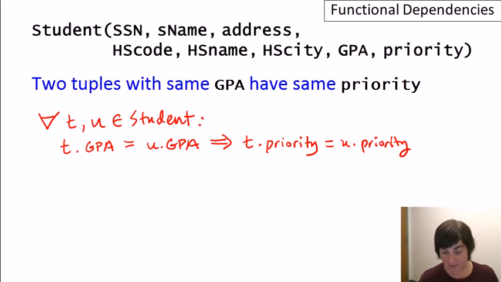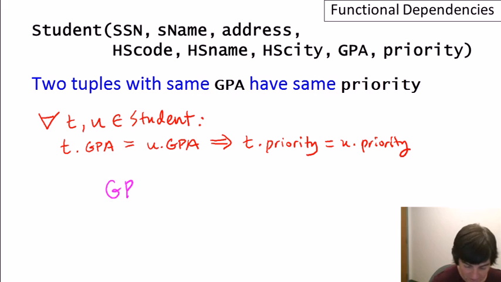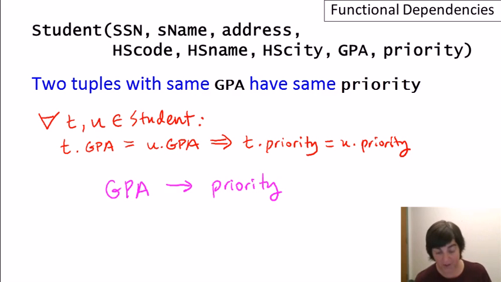So this logical statement is, in fact, the definition of a functional dependency, and we would write that functional dependency as GPA arrow priority. That says the GPA determines the priority, or any two tuples with the same GPA must have the same priority.